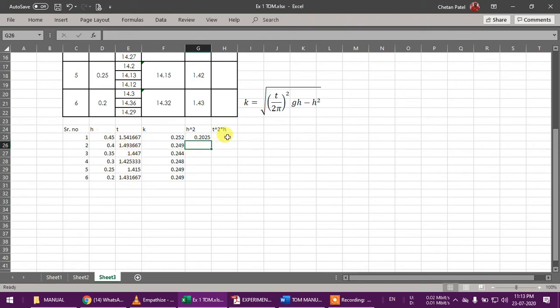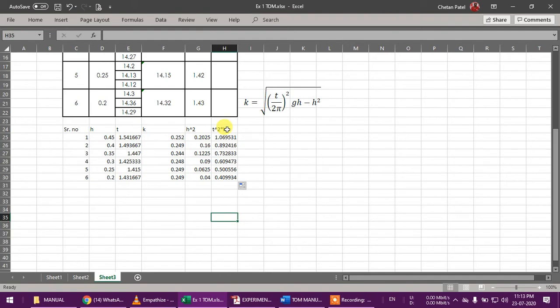So this is h square, here is equal to then t square, so this cell multiplied by again that cell and multiplied by h, press enter. So we have h square and t square h, again drag both of that and we have complete h square and t square h.